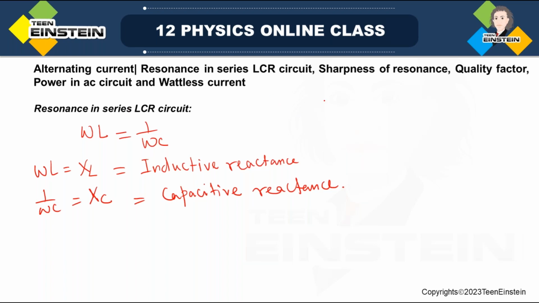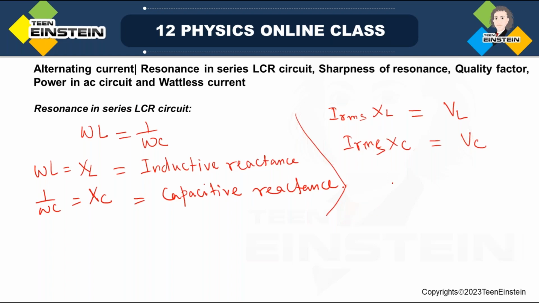Now see, if we multiply IRMS with XL, then we get VL, the voltage drop across the inductor. And if I multiply IRMS with XC, then we get VC, the voltage drop across the capacitor.